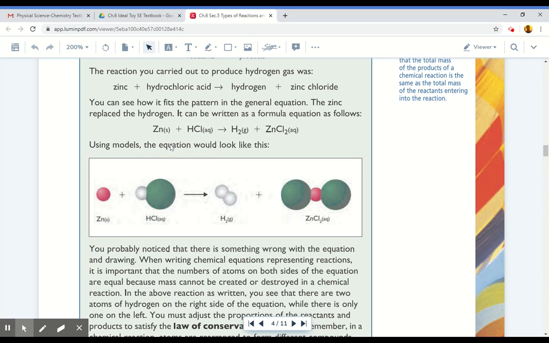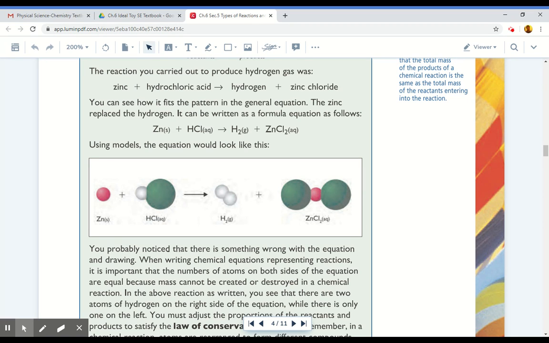Using models, the equation would look like this. Produces. You probably noticed that there is something wrong with the equation in the drawing.